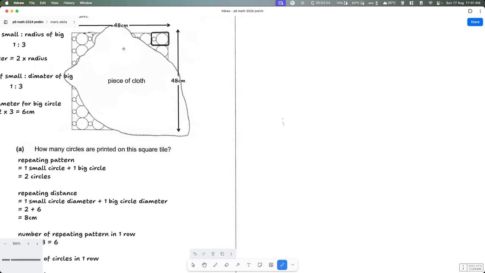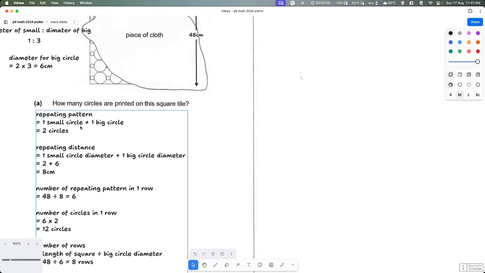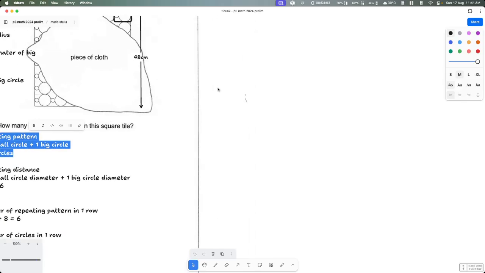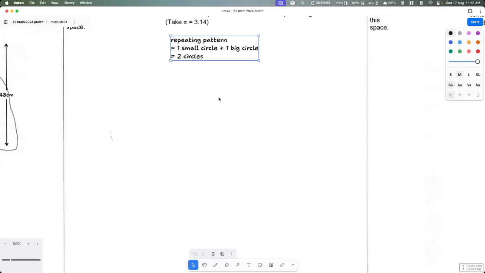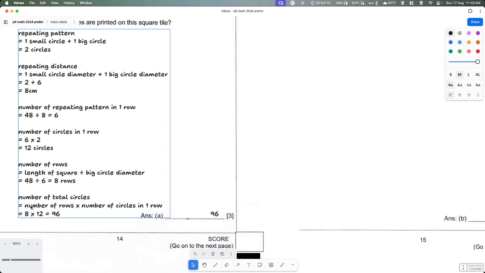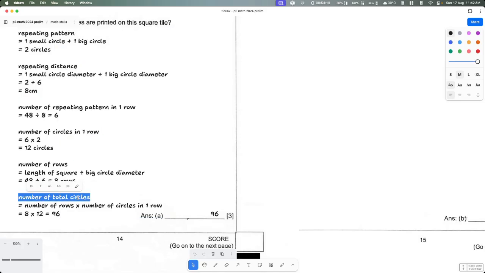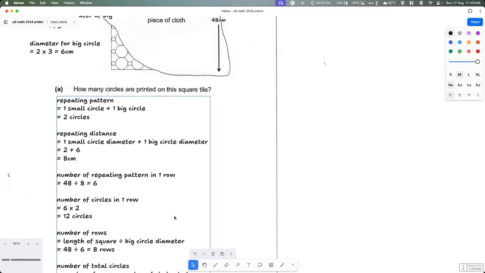Okay, so from here, we know the number of total circles and the number of repeating patterns as well. So I'm just going to copy this first. One repeating pattern is this, and then we have the number of total circles, which is equal to 96.